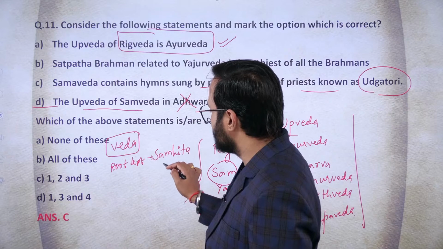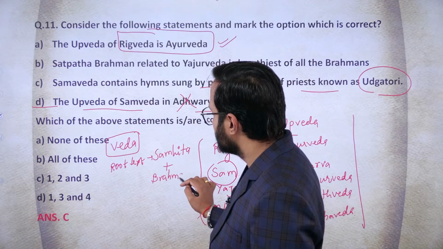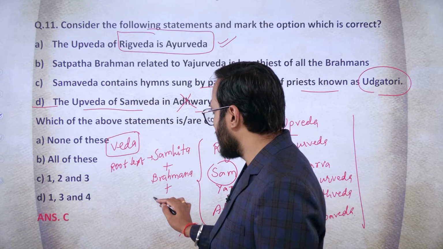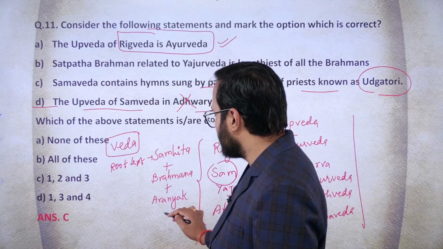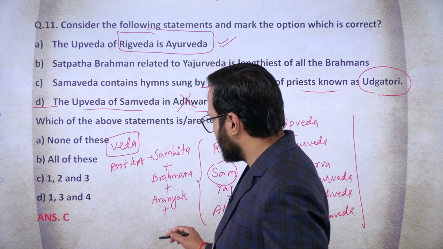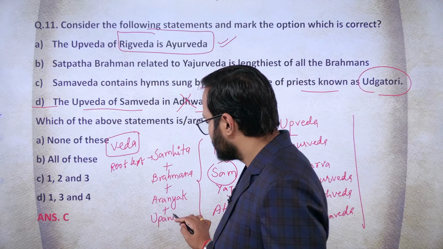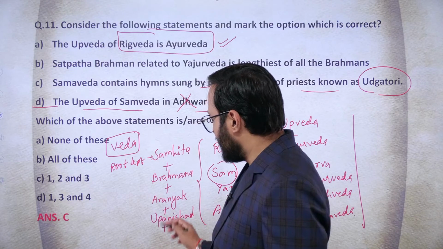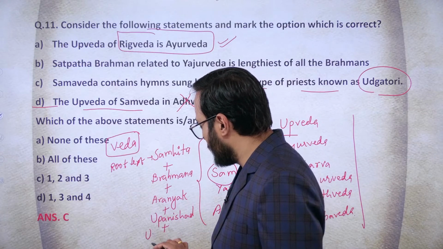Okay, the explanation is called as Brahman. Then critique and commentary is called as Aranyak. And then the question and answer, depending upon the philosophical understanding, that is called as Upanishad. Then the additional body of knowledge present in the Veda, that is called as Upaveda.